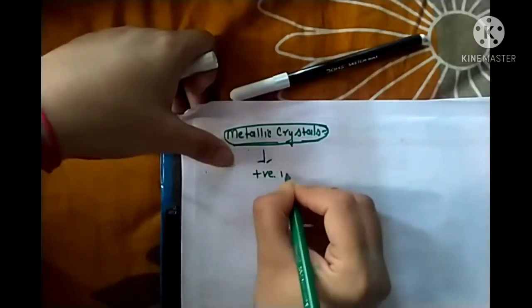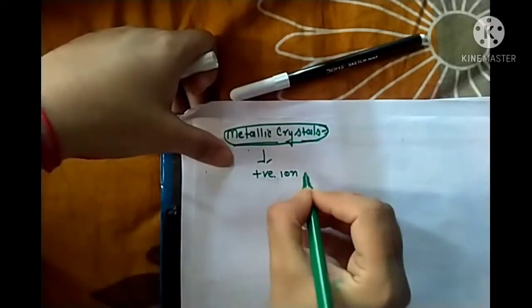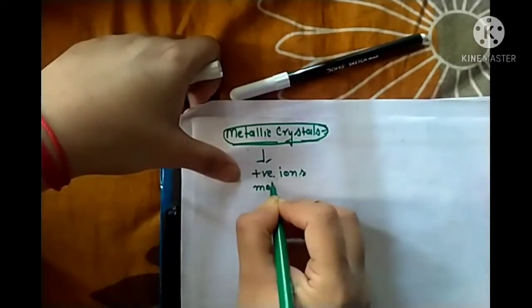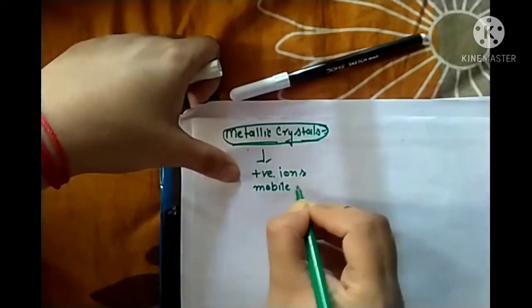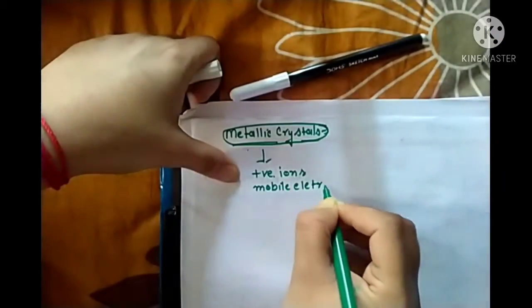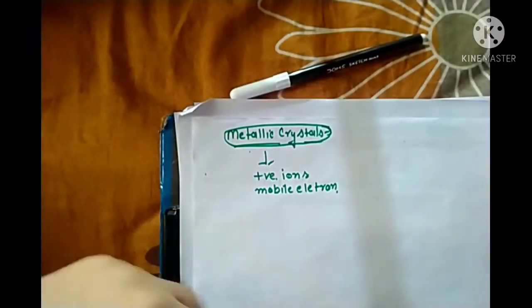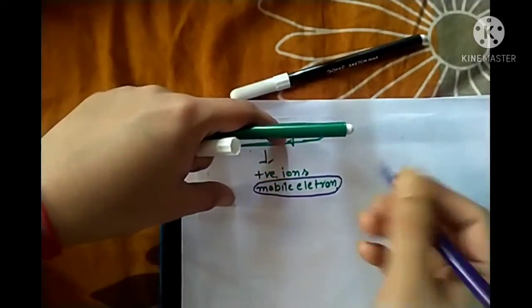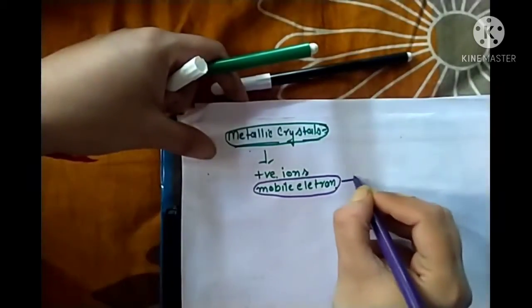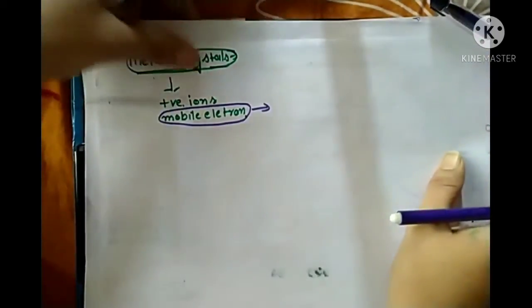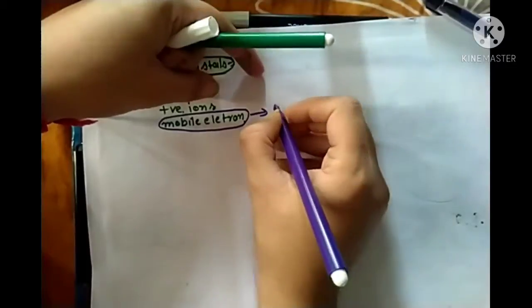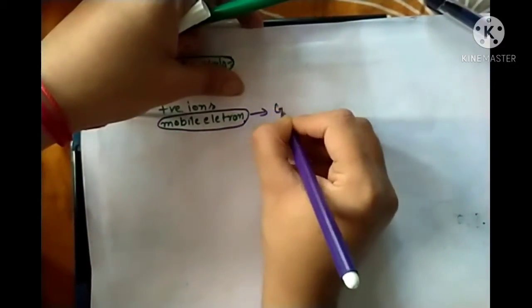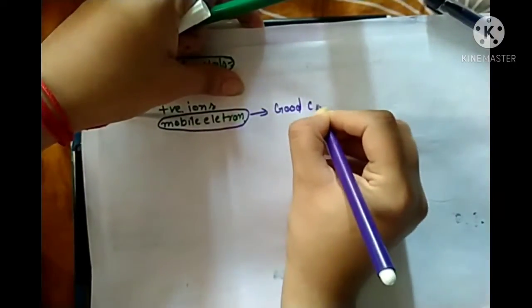We see in metallic crystal positive ions and mobile electrons. So due to mobile electrons, they are good conductors of electricity and heat.